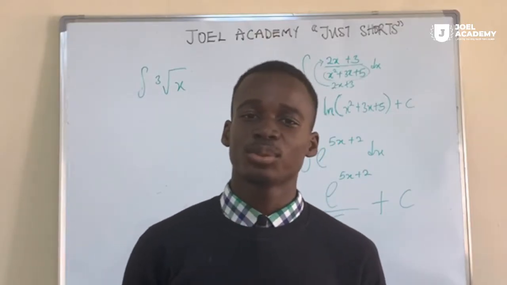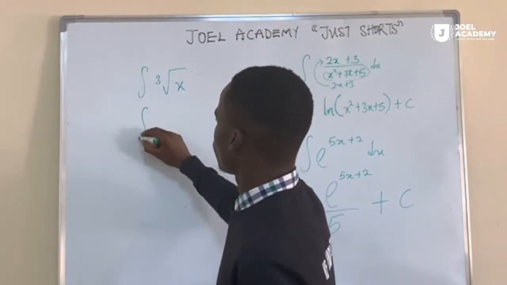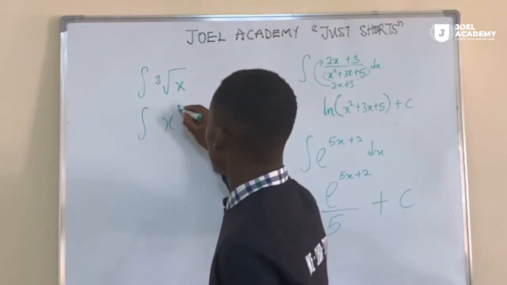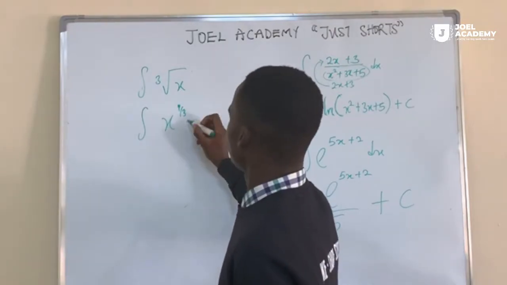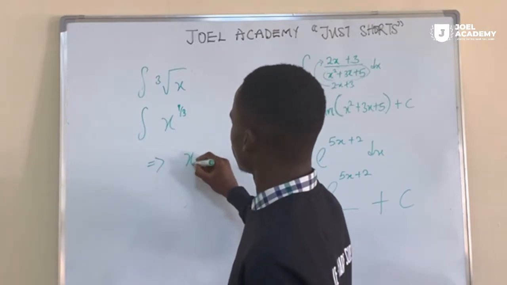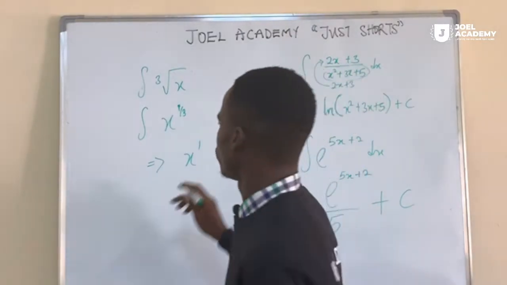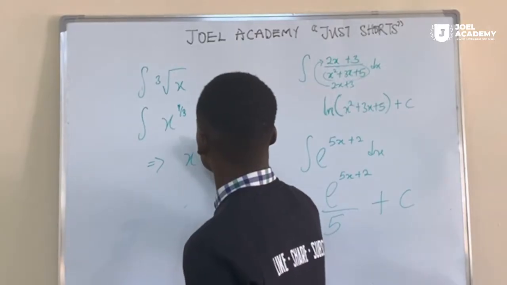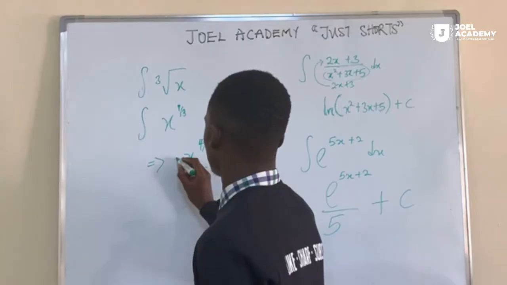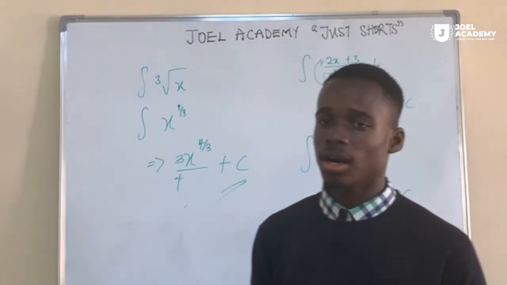While solving this, you know it's also written as x raised to the power of 1 over 3. So what you do, add 1 to this. Your answer will be x raised to the power of 1 over 3 plus 1, which gives 4 over 3. You have 4 over 3, it becomes 3 over 4 plus c. And that becomes the answer.